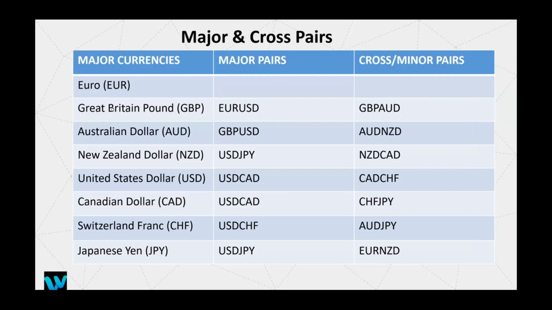But when you pair the other major currencies against themselves, without the United States dollar, it is called a cross or minor pair, like GBP/AUD, AUD/NZD, NZD/CAD, CAD/CHF, and so many of them like that. By the time you complete all the permutations and combinations of these currencies, you get, I think, between 26 and 28 currency pairs altogether.